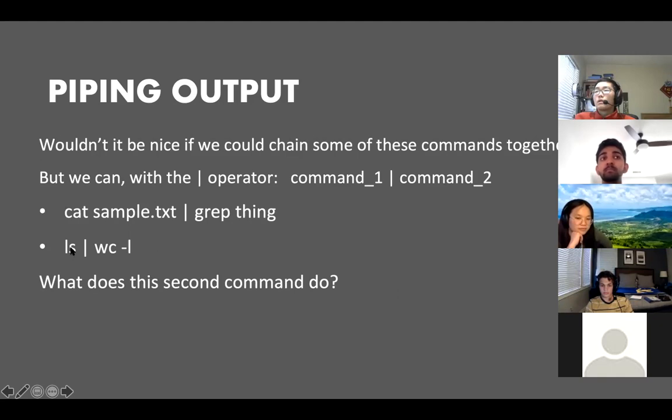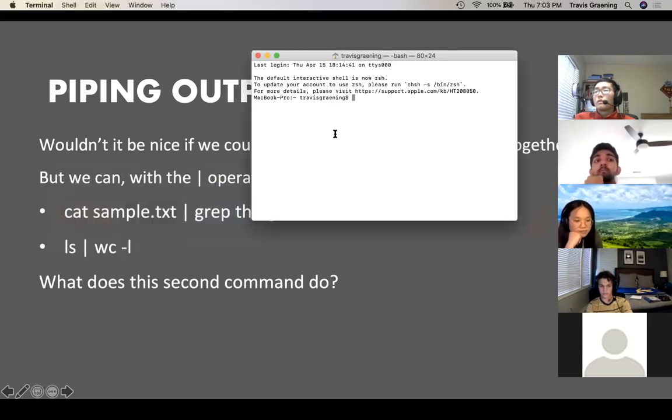And a similar thing happens if I want to, for instance, count all the number of files that I have in a certain directory. I can do that with the command shown below. I can do ls and then put the output from that directly into a word count command. So let's take a quick look at what that looks like.